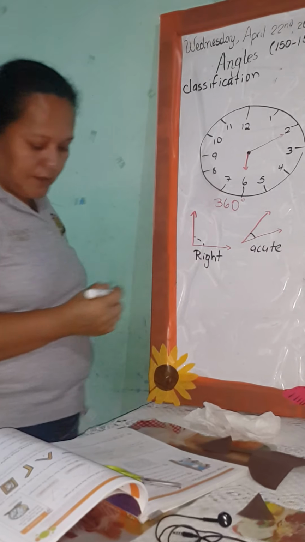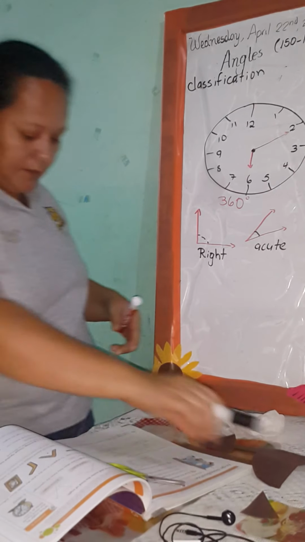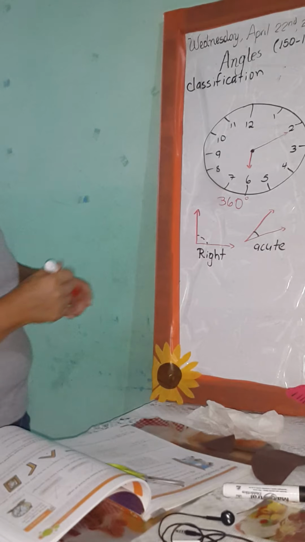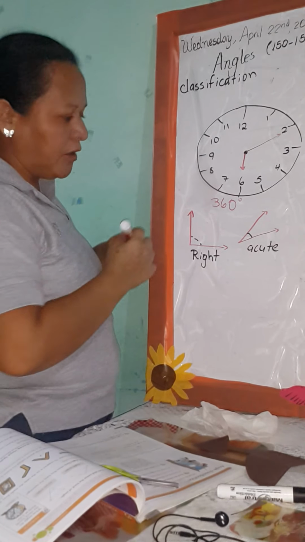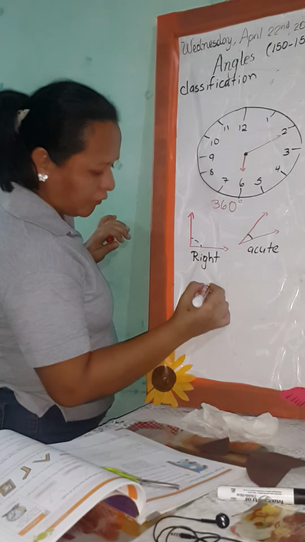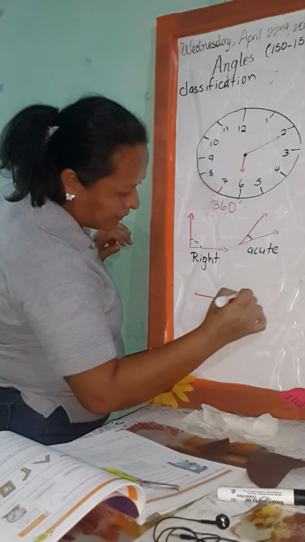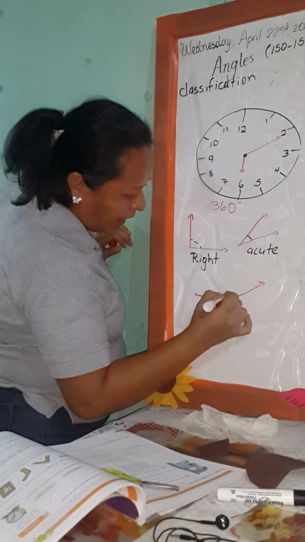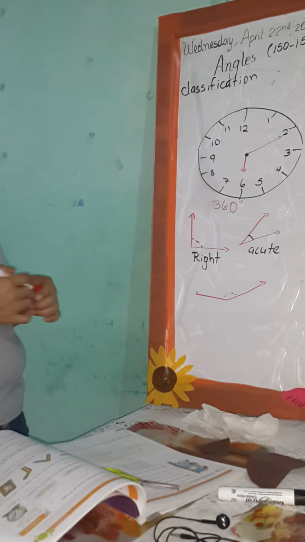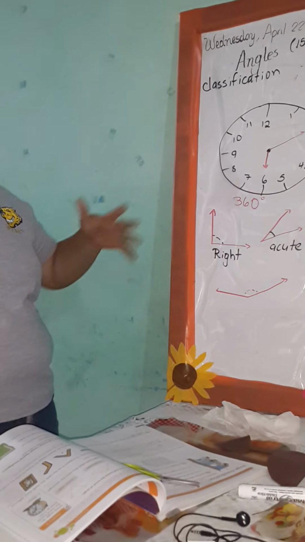Now, this angle that I formed here in the time that I told you before is a little more open than the other. This is more open than the other.